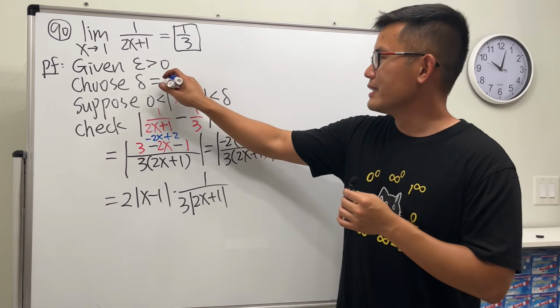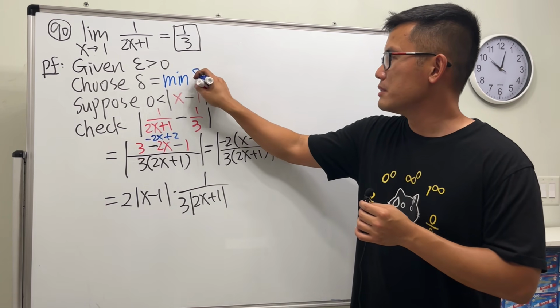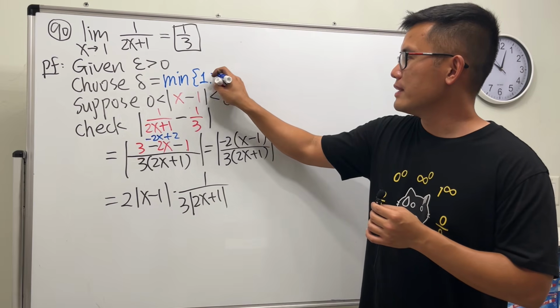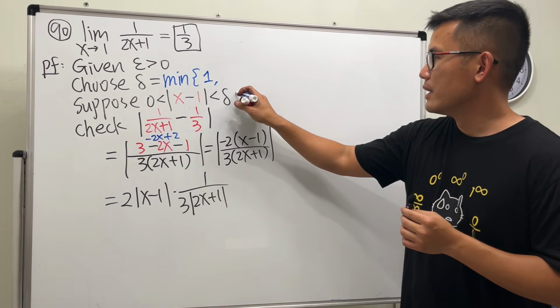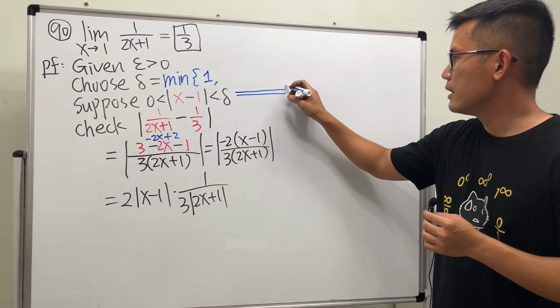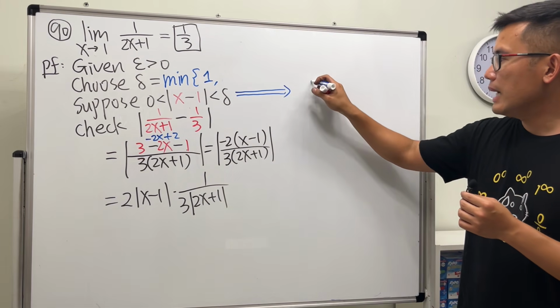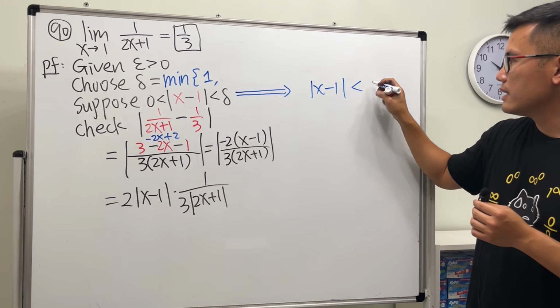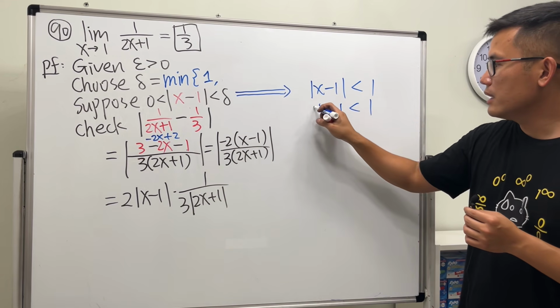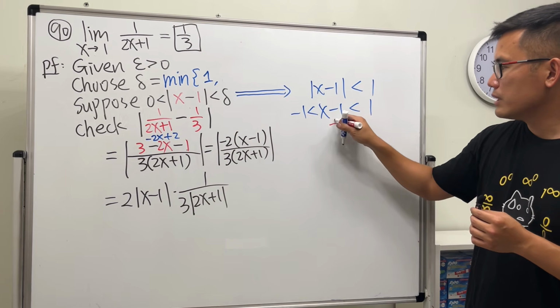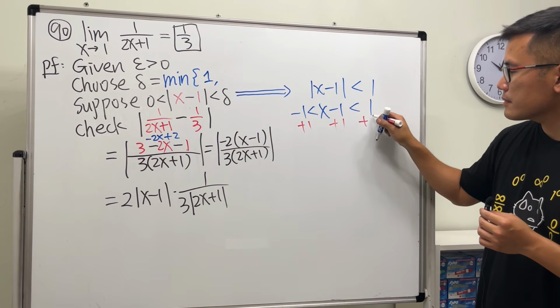You know the deal. Minimum 1. Let's look at absolute value of x minus 1 is less than 1. Open it, we get x minus 1 in between 1 here and negative 1 here, and then just add 1 to everybody.